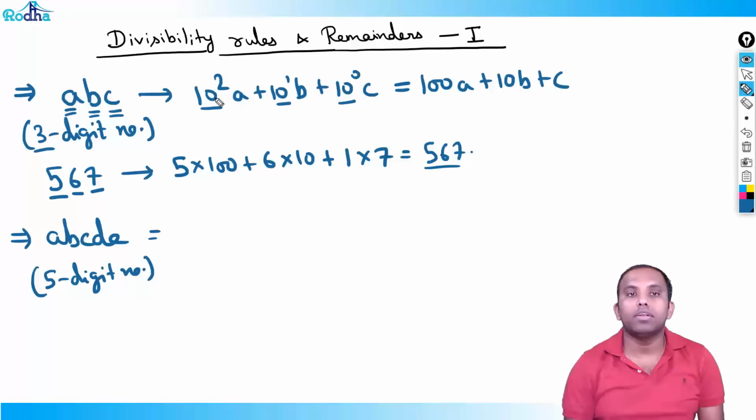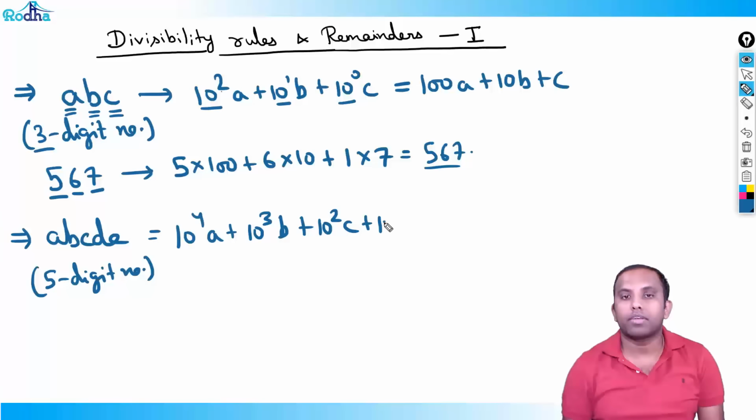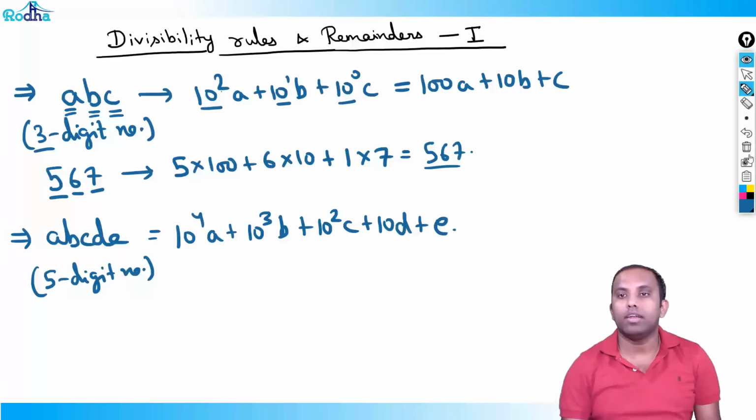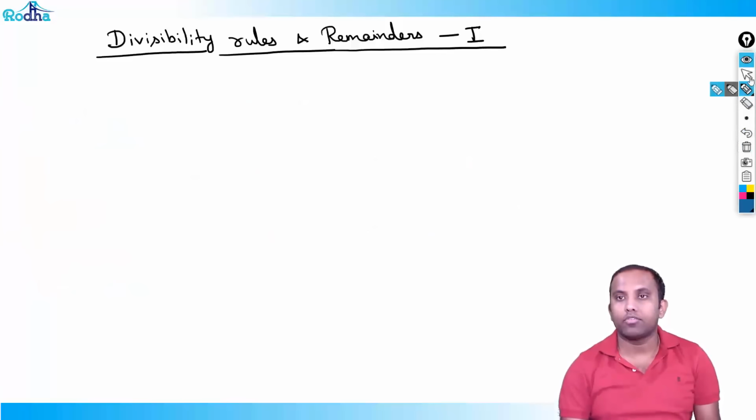For a 3-digit number, 10 square, always one less. So 10 raised to 4 into A plus 10 cube B plus 10 square C plus 10D plus E. 10 raised to 0 is E. This is how we can write all these numbers. Now we'll find the divisibility rules based on this logic.